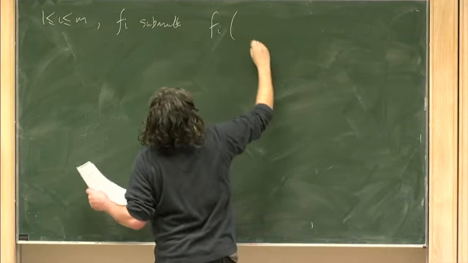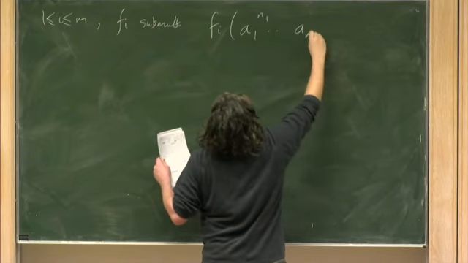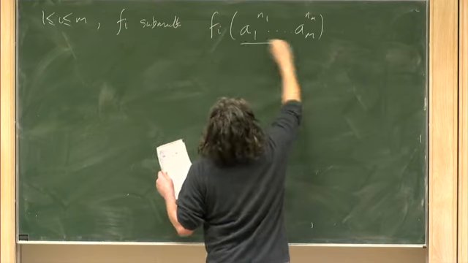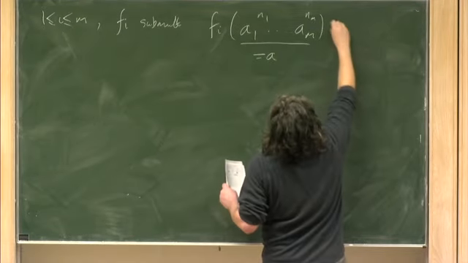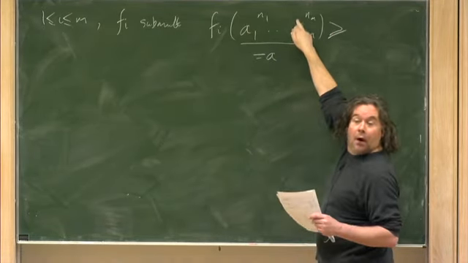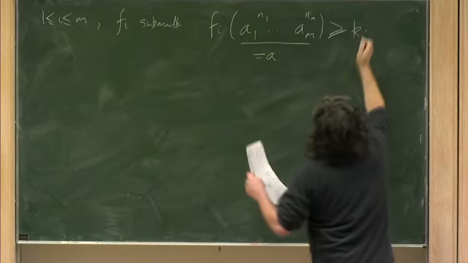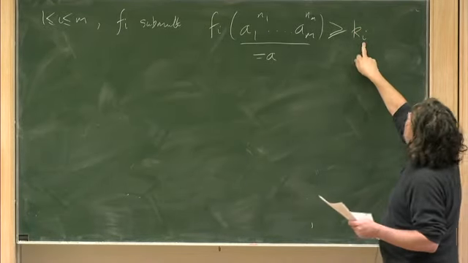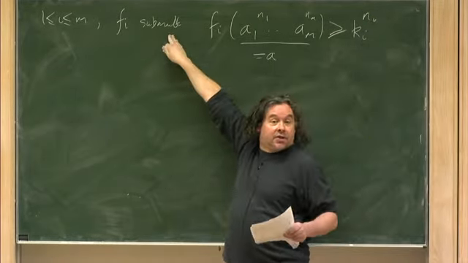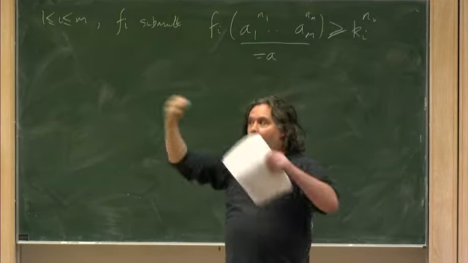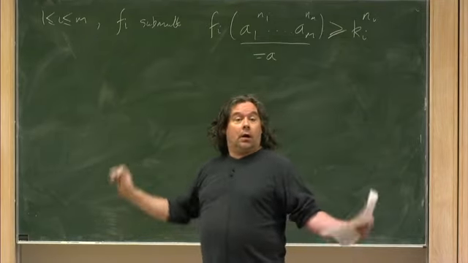I've got to write out a general element of A as something like a_1^{n_1} up to a_m^{n_m}, but that's just a general element of my free abelian group A. And if that can pick out the ith index here, so there's some real number k_i strictly bigger than 1 such that I get that, then I get my bound the other way because it's submultiplicative by looking at the generating set, multiply it all together, take logs, and that will give you undistorted abelian groups.